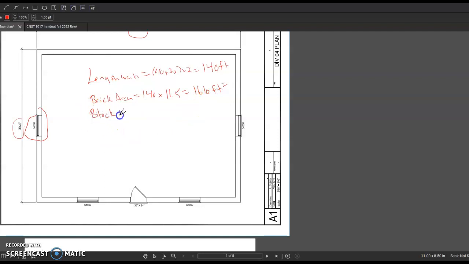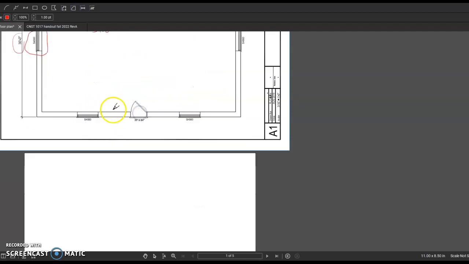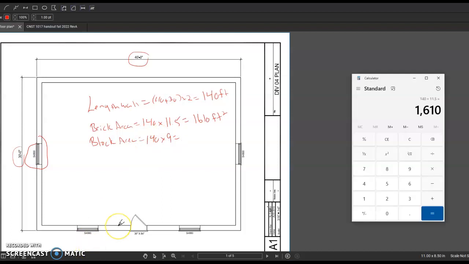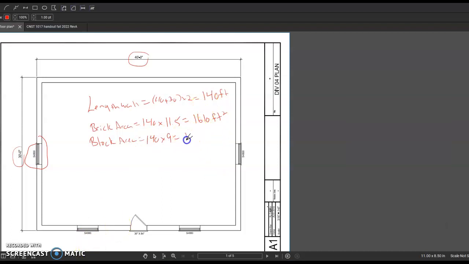Block area, 9 feet high, so that, again, same 140 by the 9, 1260.